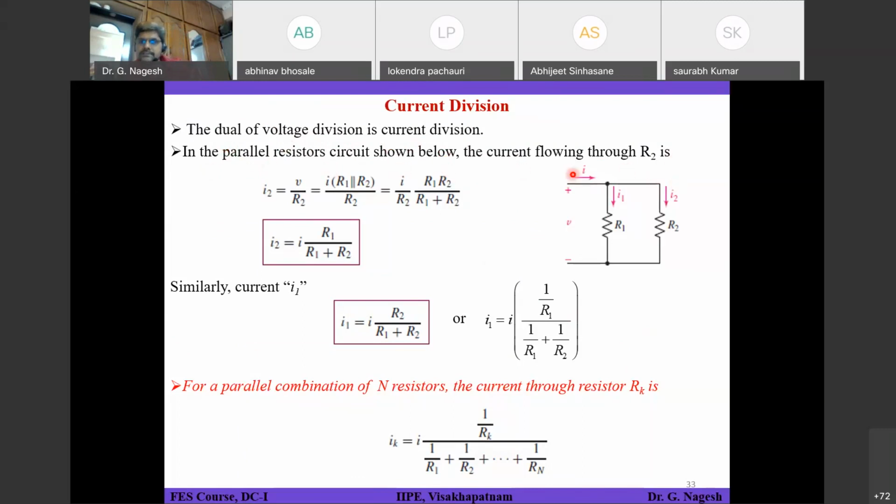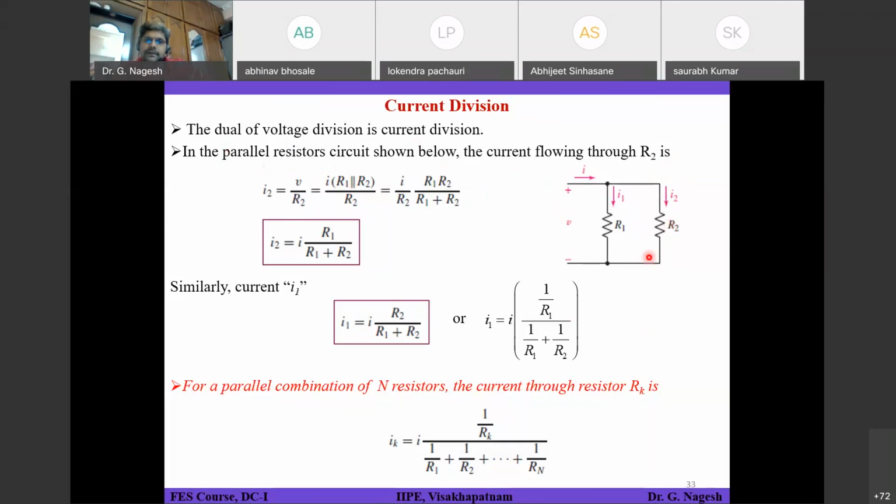So you consider this kind of circuit. The question is to find the current flowing through R2 and R1. What will be the current I2? V divided by R2. V is again I into R1 R2 by R1 plus R2.